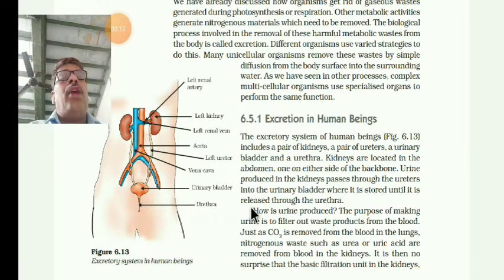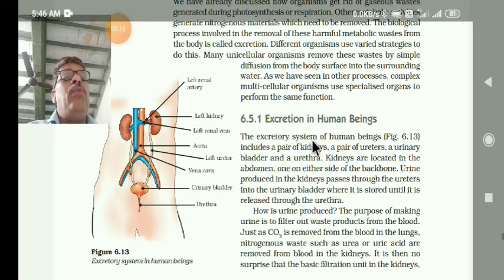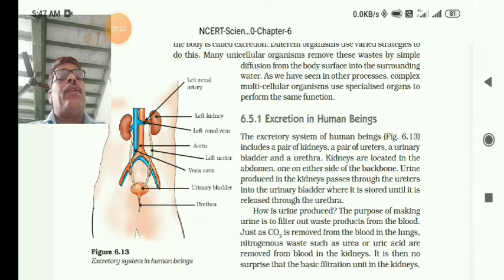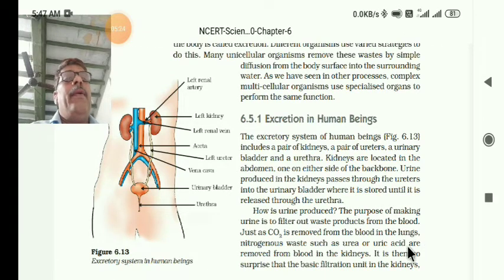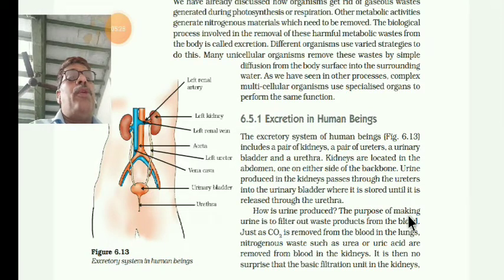Then, dear students, how is urine produced? The question arises how urine formation happens. So for this we will understand how urine is produced. The purpose of making urine is to filter out the waste products from the blood.